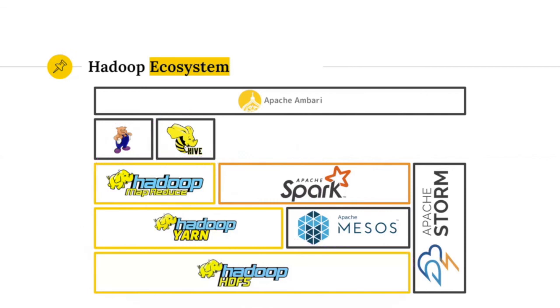Now, on the very top, above everything else, is this thing called Apache Ambari. So Ambari is sort of an admin interface to overlook the entire Hadoop cluster.